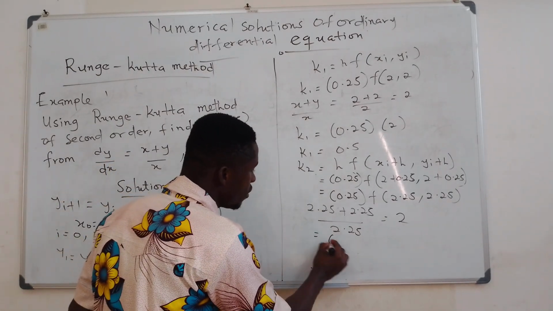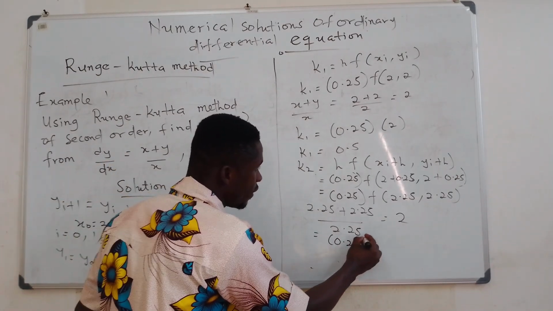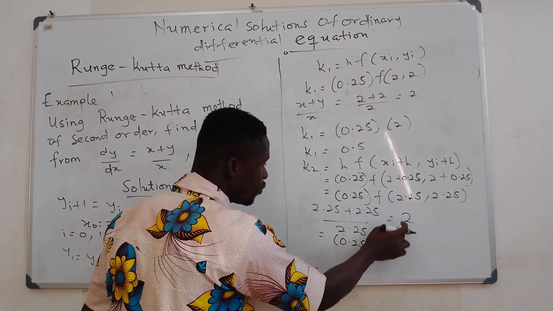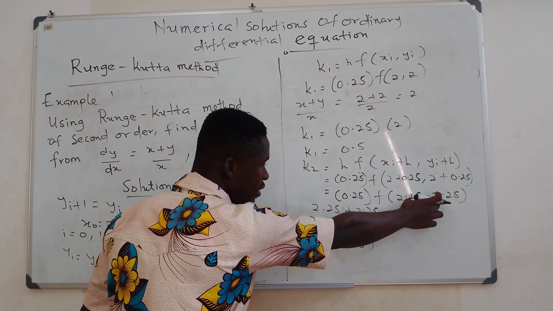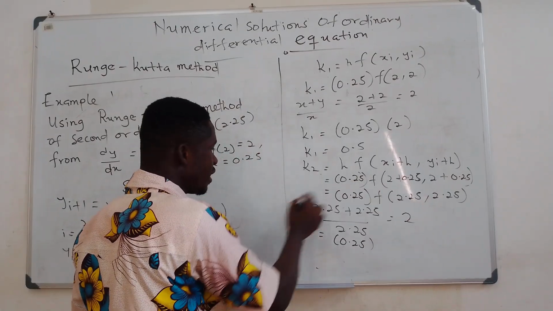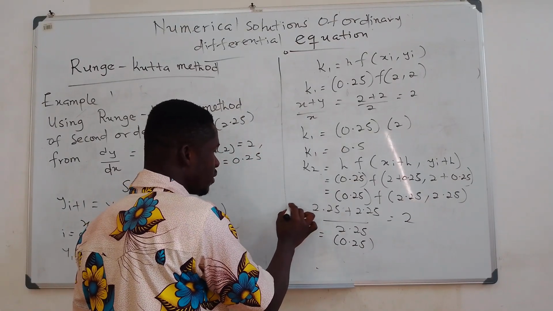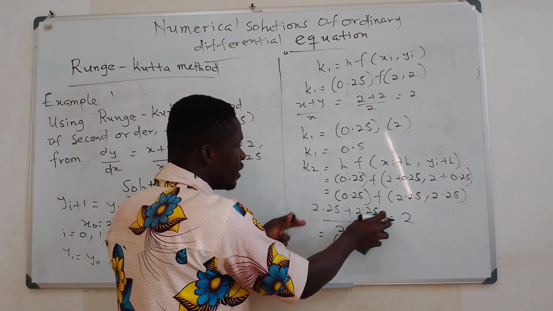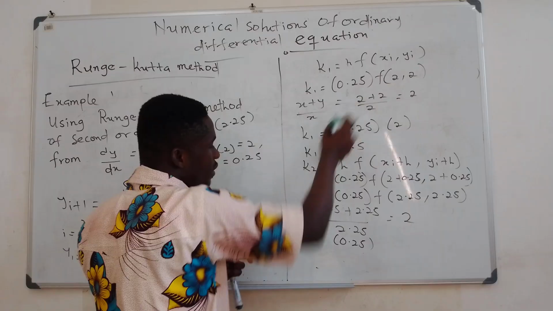So now 0.25 multiplying 2, here we've gotten 2. So this is just the function. I just want you to understand it. You just input these values into the function.